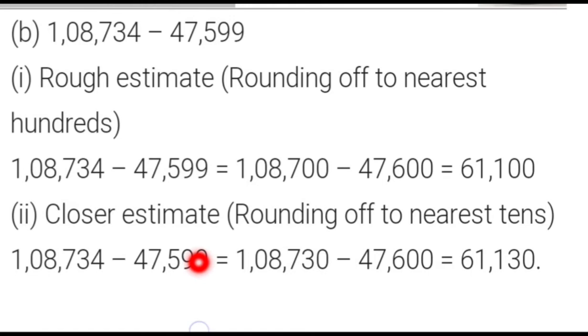So in the place of 99, if we write 100, automatically this 500 will become 600, and the number is 47,600. After subtracting these two, we get a very close by answer to the actual answer, and that is 61,130.